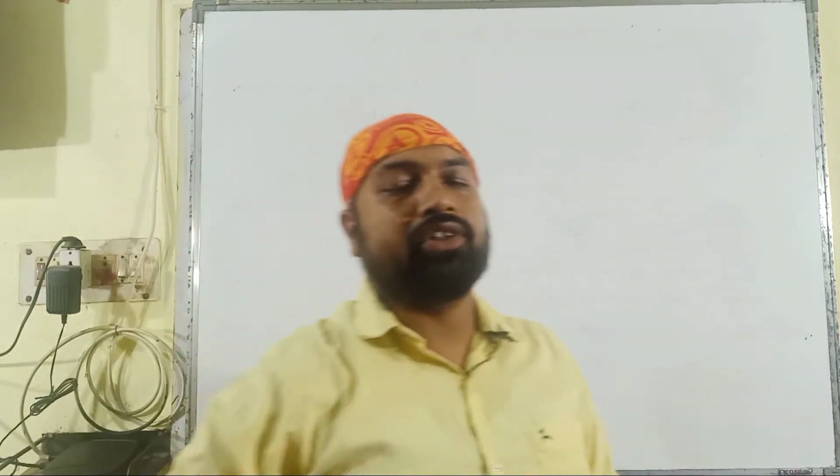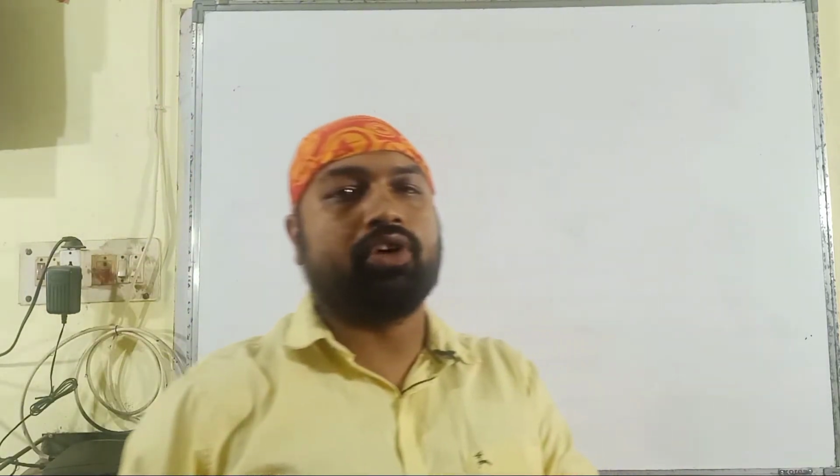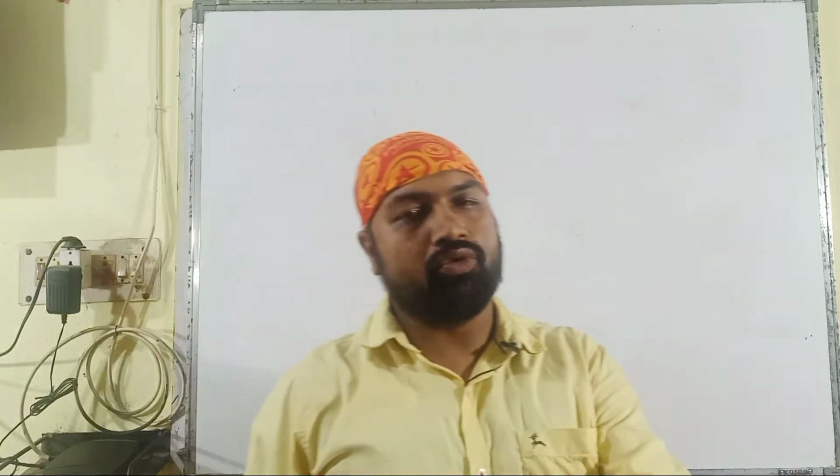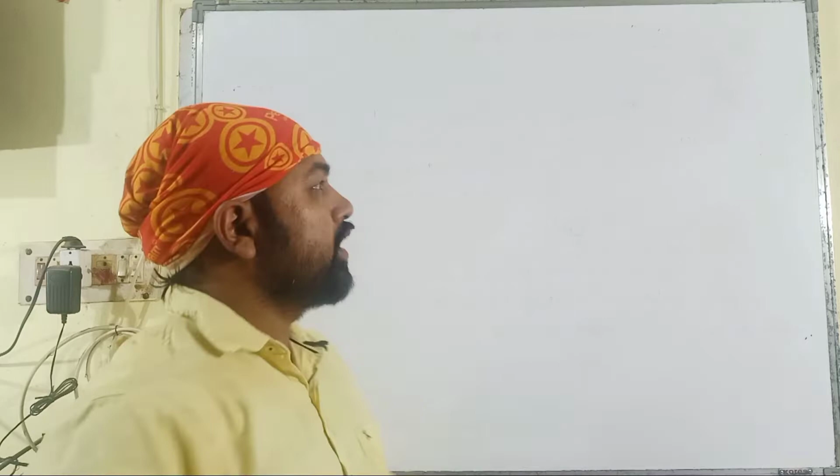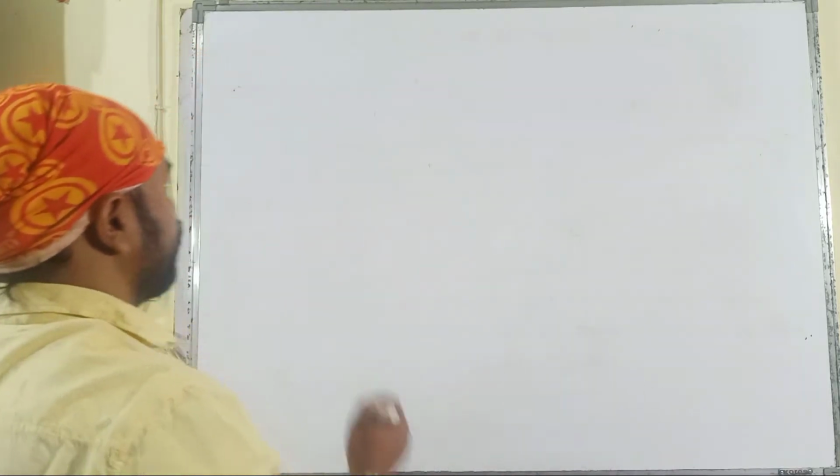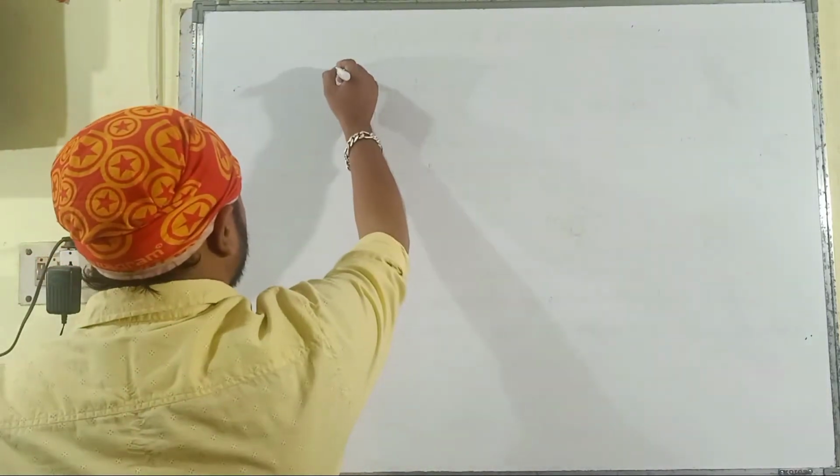In this particular video session, we are going to discuss the adjoint of a square matrix of order 2 as well as the adjoint of a square matrix of the order 3. So let us start from the adjoint of a square matrix of order 2.